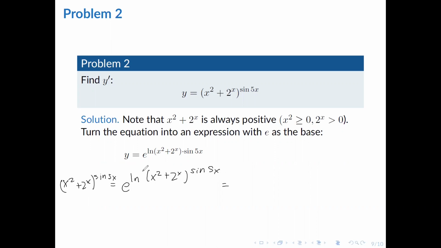And then using another property of log, we can bring this exponent down. We can make it a factor, which is what we did here.